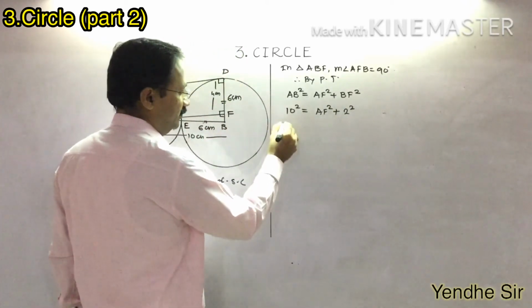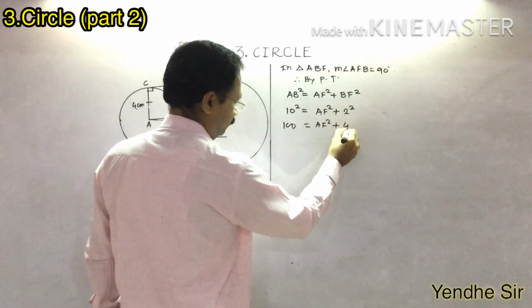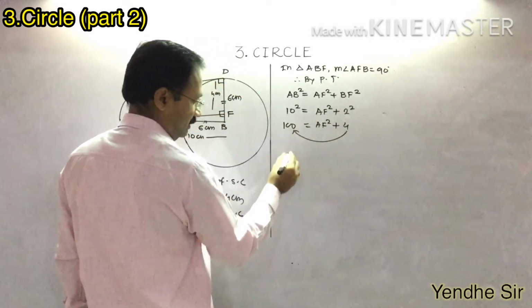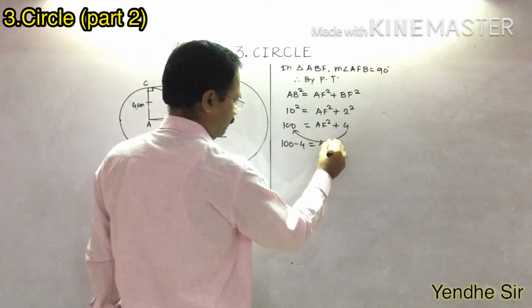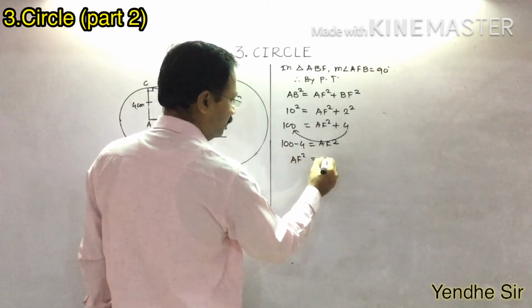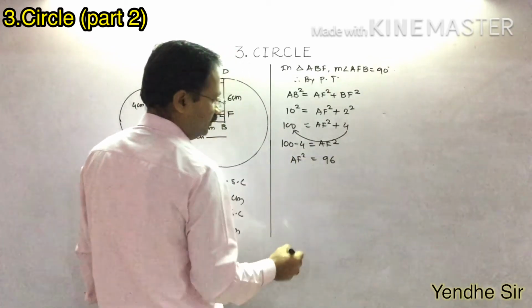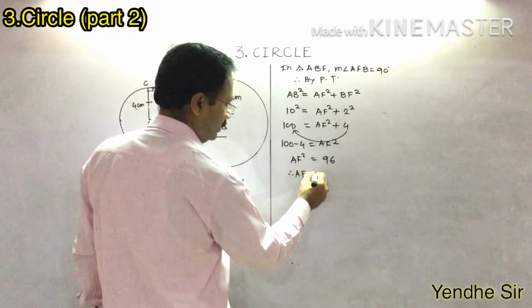So 10 square is 100. AF square. 2 square is 4. So 4 will come on this side. It will be minus. 100 minus 4 equal to AF square. So it will be AF square equals to 96. And therefore we can take the square root of this one.